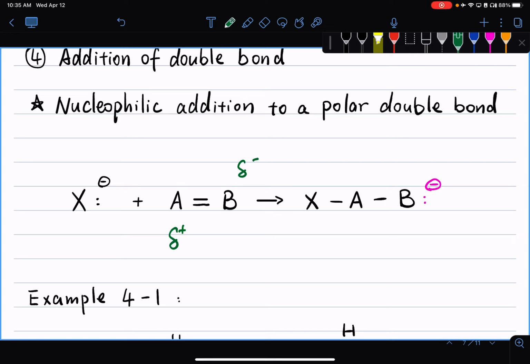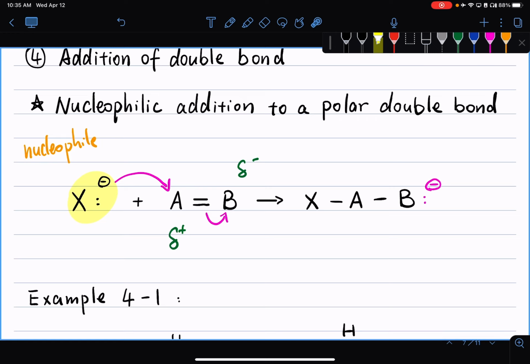So the addition of a nucleophile X minus onto my AB, the double bond species, is more like what we did in our substitution reaction. The electrons flow from X to A, and at the same time from the double bond to B. In this process, we're forming a new XA single bond, and this double bond basically gets reduced back to a single bond.